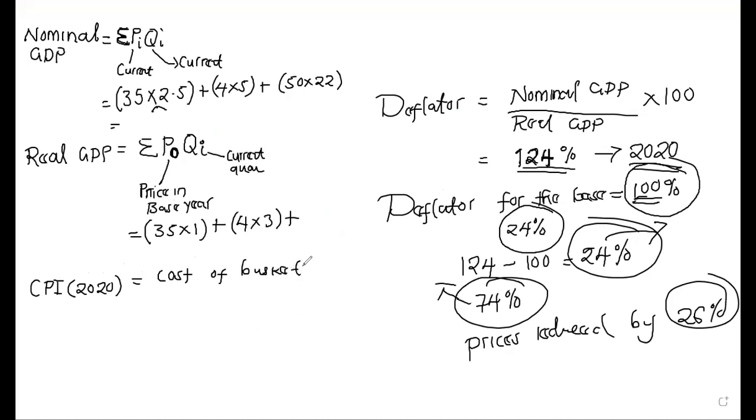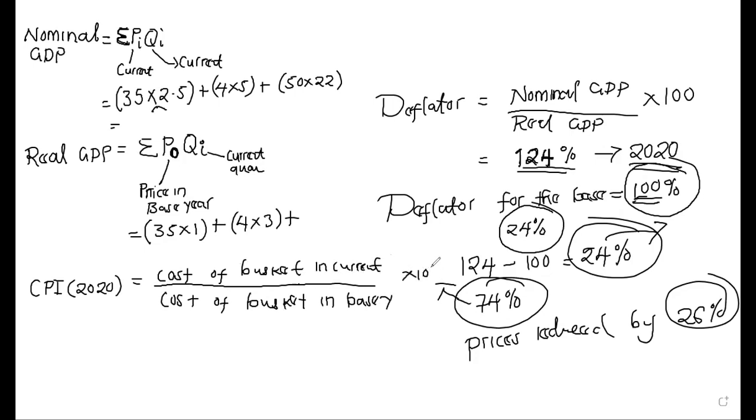So the CPI is also another way you can measure the inflation rate. Cost of the basket in the current year, in this year, we are going to say 2020, isn't it? Divided by the cost of the basket in the base year. Then you multiply this by 100, okay?